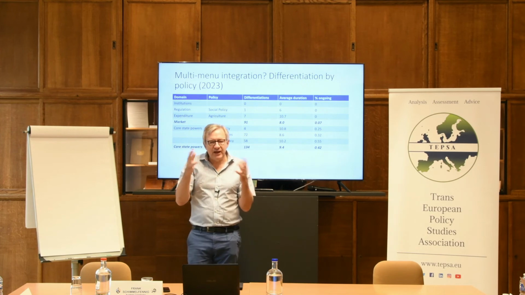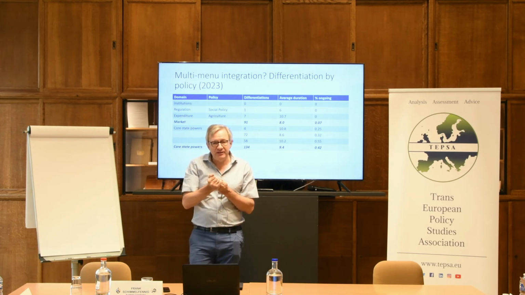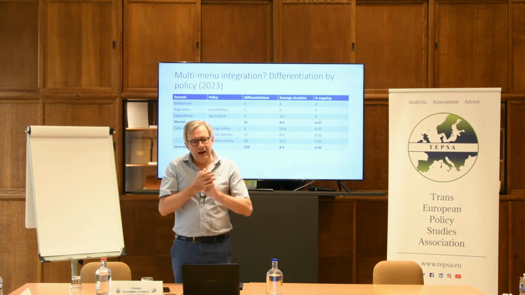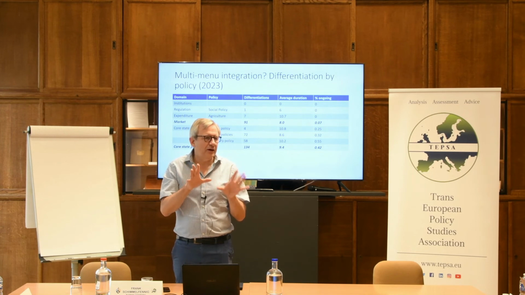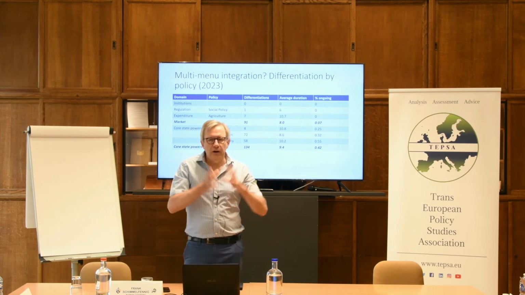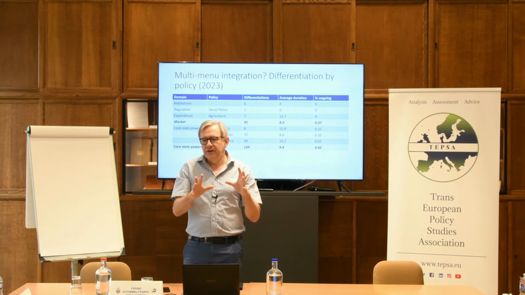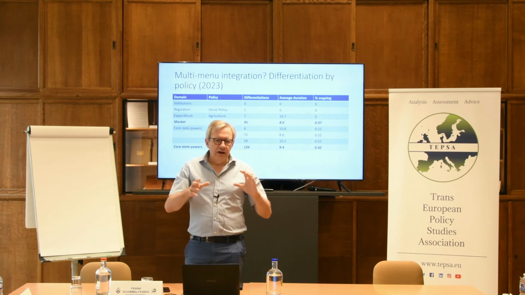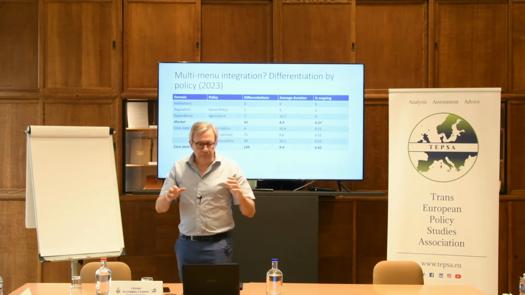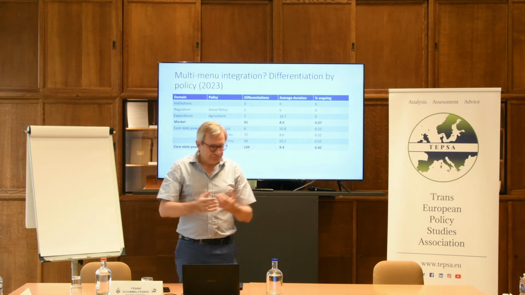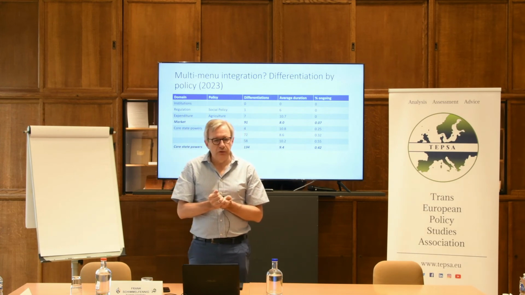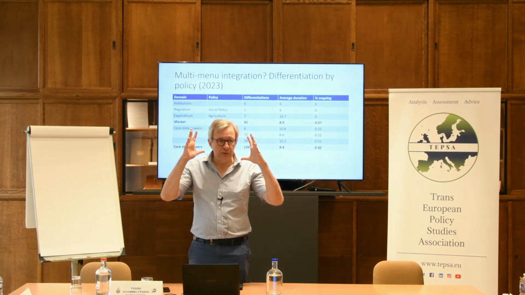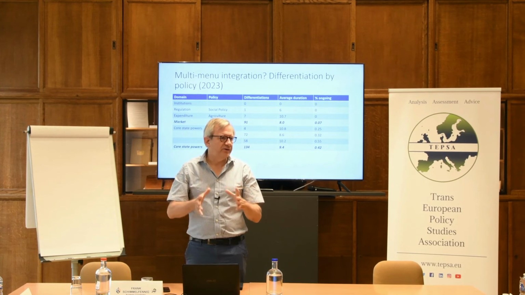Moving on. Now, of course, the question remains: is it multi-menu? Is it multi-tier integration? We definitely see these tiers. I would say it doesn't really fit the idea of multi-menu integration because we have that stable core of countries which are fully integrated in all of the policies. We do not see a core for one policy, another core for a different policy, but we have one core covering all of the policies of the European Union.